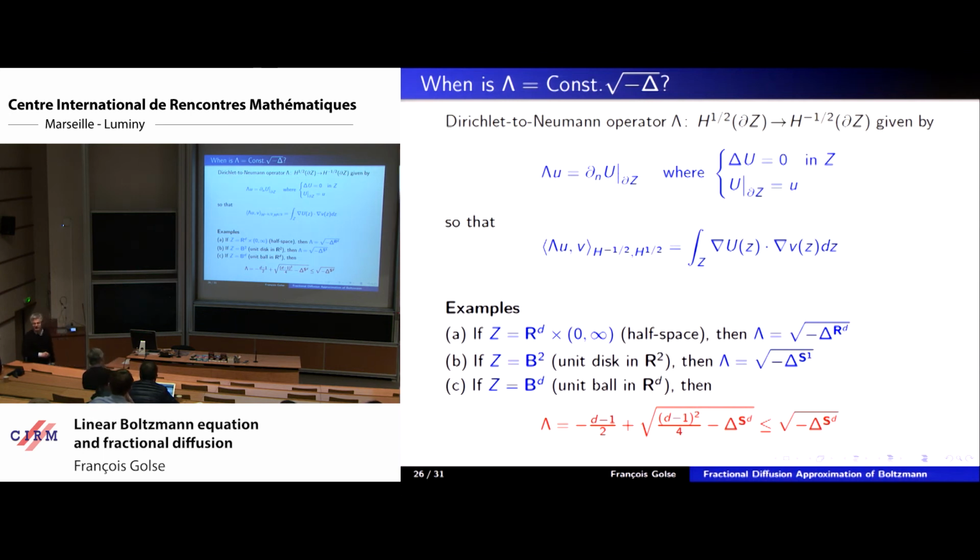The square root, this is the Laplacian on the sphere, d-dimensional or (d-1)-dimensional? Yeah, I'm sorry, d-1. Everything in d is in d+1, actually. Yes, here it's d-1. Sorry about that, okay. Good. So this is the first remark.